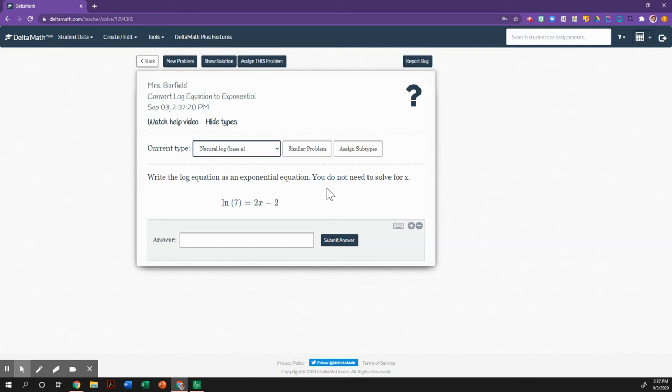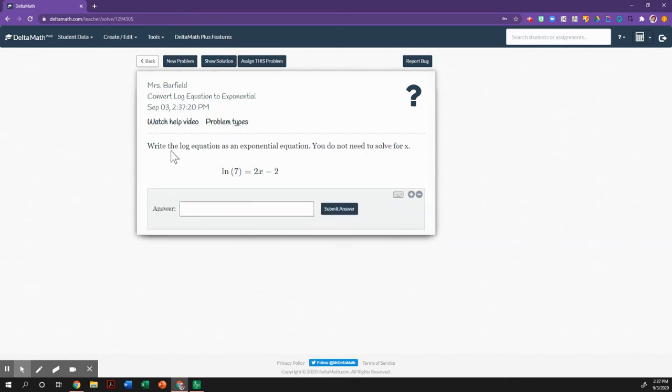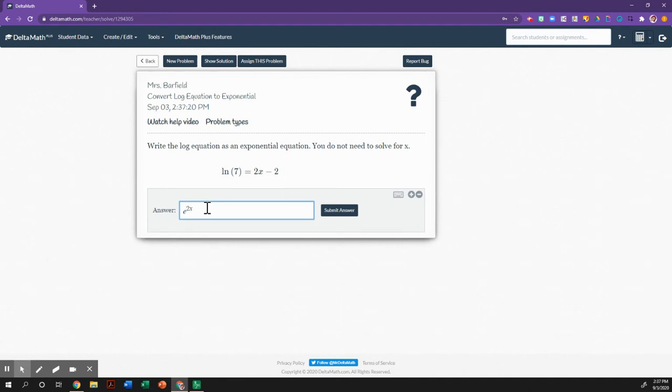All right. So write the log equation as an exponential equation. Again, you do not need to solve. So ln, that's e, because remember, I could write that as log base e. So e to the exponent, now it's going to be the whole statement, 2x minus 2.